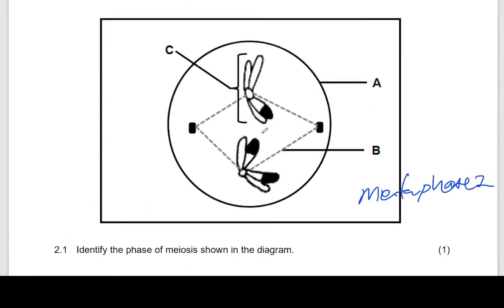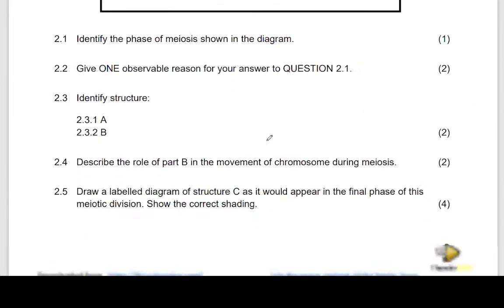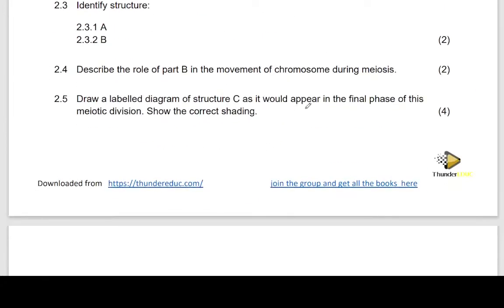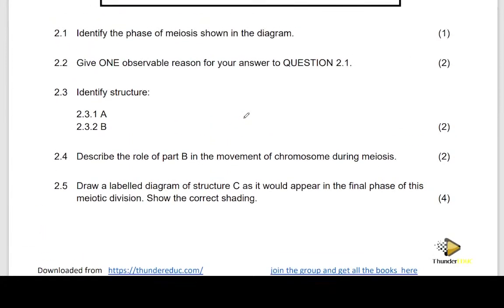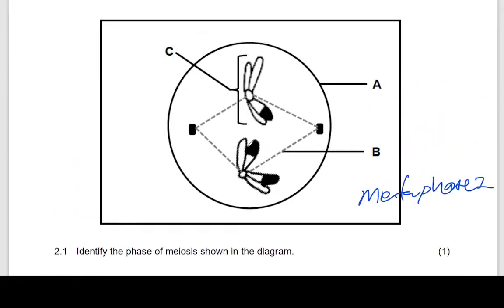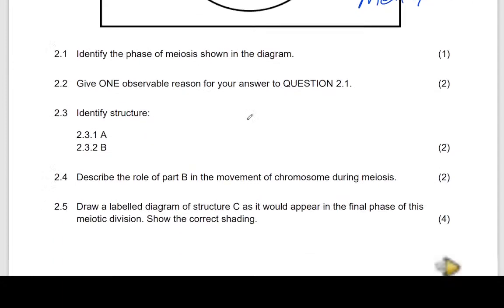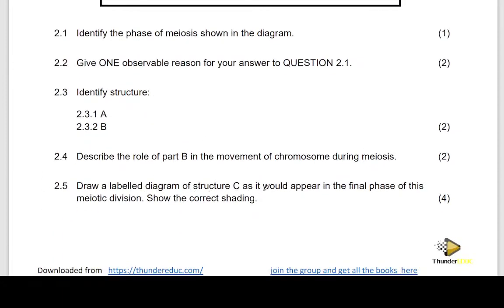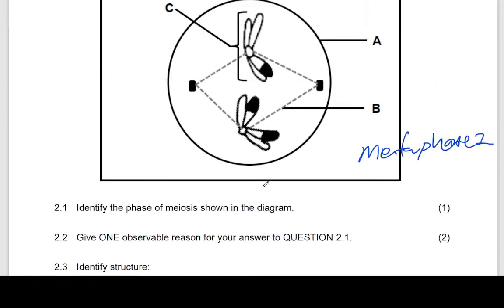Where is structure C? Of this chromosome, as it would appear in the final phase of this meiotic division. Show the correct shading. It's 4 marks. They want this chromosome, how it would appear. So if you're looking at this chromosome, make sure that you draw with the correct shading.